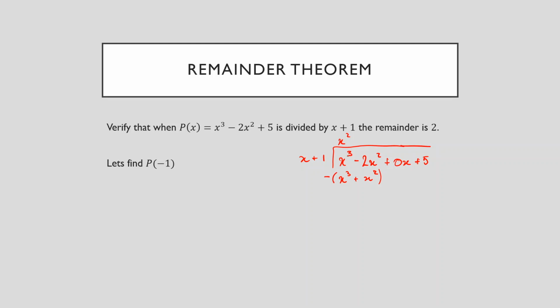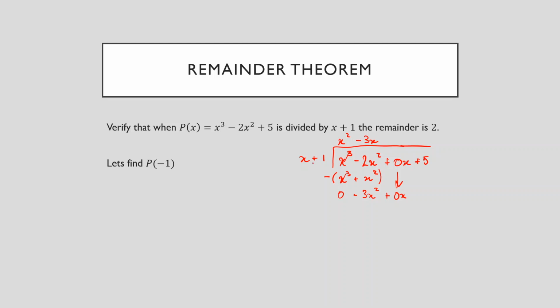Subtract these. x cubed minus x cubed is 0. Negative 2x squared minus x squared is minus 3x squared. Bring the 0x down. Repeat. Negative 3x squared divided by x is minus 3x.